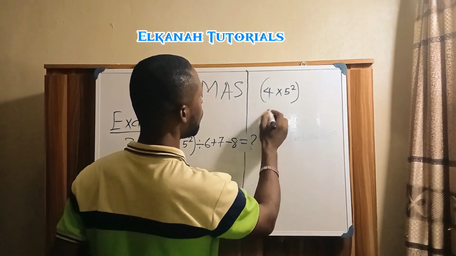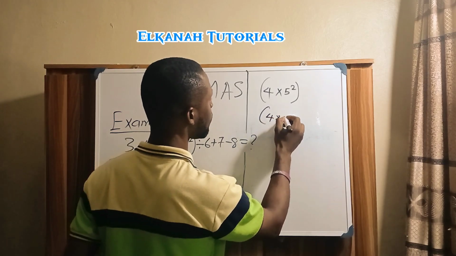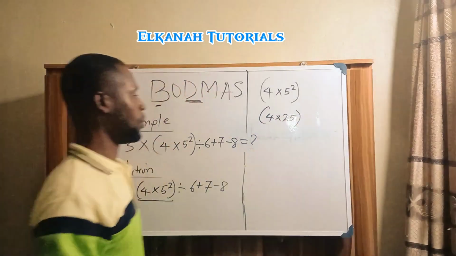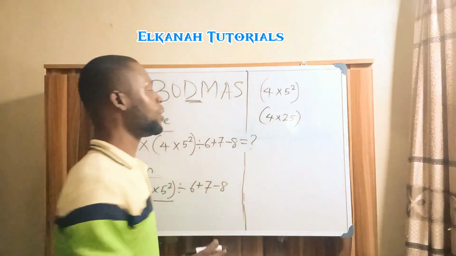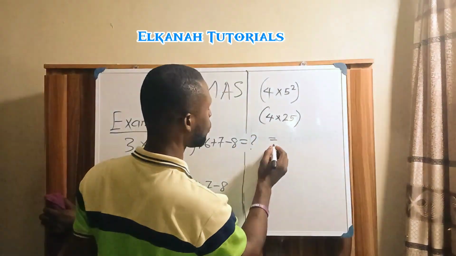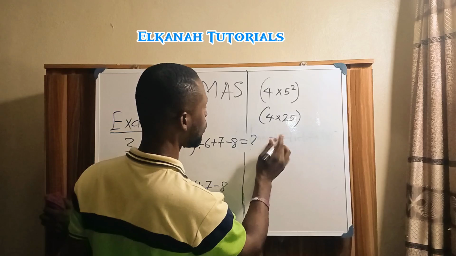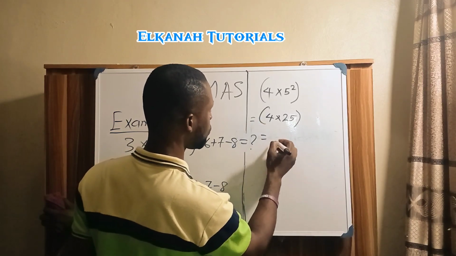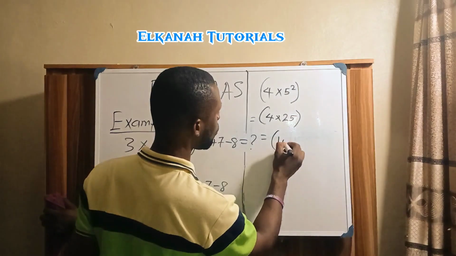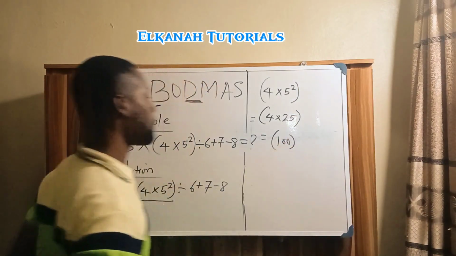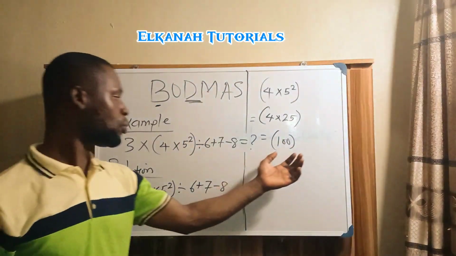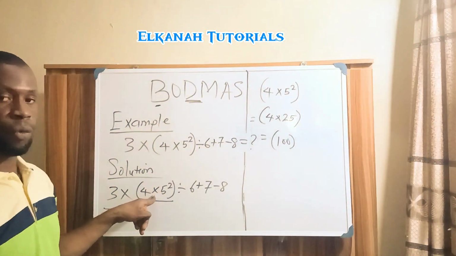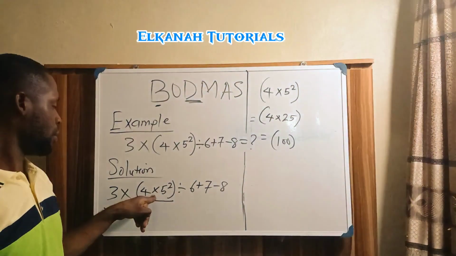So we are having 4 times 25. 4 times 25 is going to give us what? It is going to give us 100. So we are going to put 100 in this place.